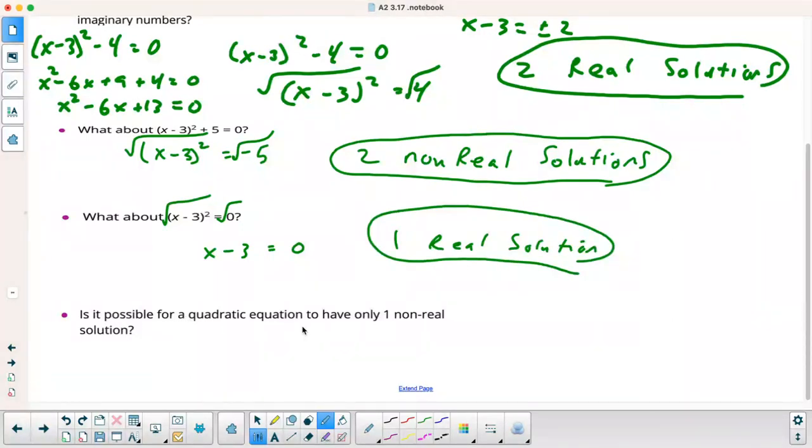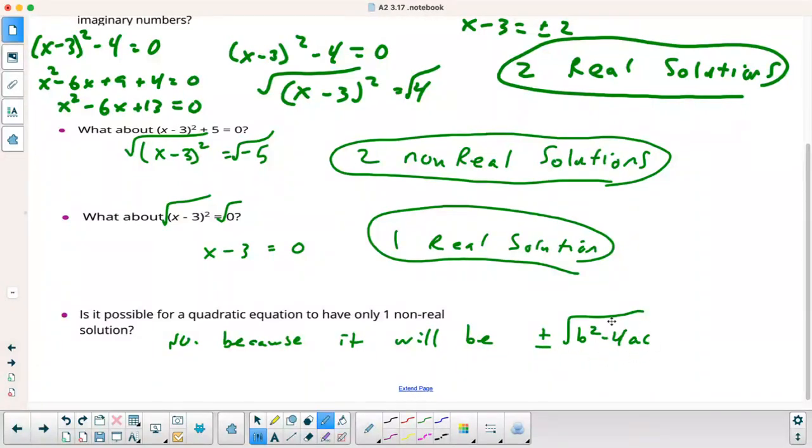Is it possible for a quadratic to have only one non-real solution? On this one, I would say no, because it will be plus or minus the square root of b squared minus 4ac.